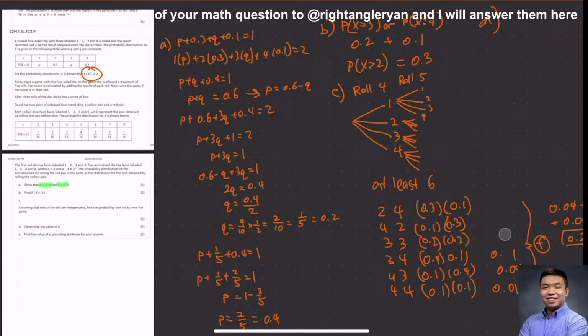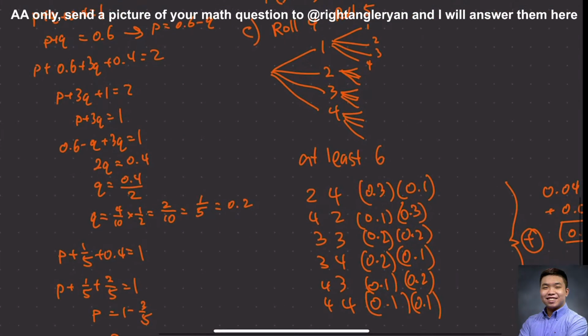Okay, let's erase these because they're probably wrong. 3 and 4: 3 would be Q, which is 0.2, and 4 is 0.1. So this is 0.03, 0.04, 0.02, 0.02, and then 0.01.